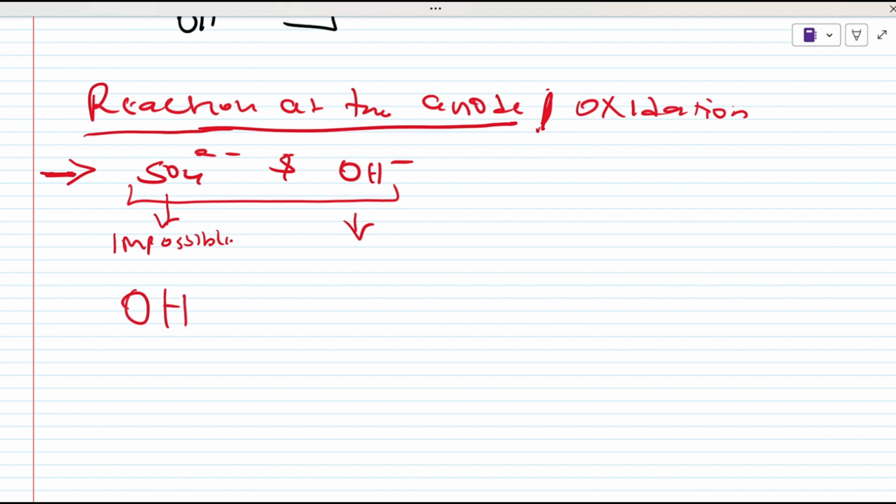Hydroxide ions must give us an electron, and it is going to give us an electron when it forms oxygen and water molecule. It's going to give us oxygen plus electrons.